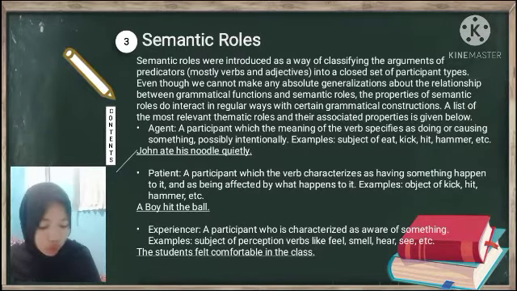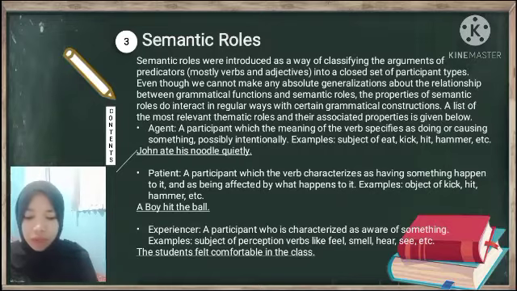The semantic roles are agent, patient, experiencer, theme, benefactive, source, goal, location, and the last is instrument. The first one is agent.